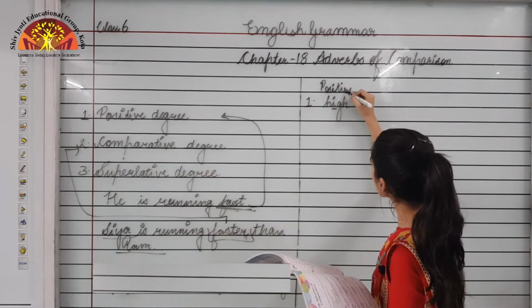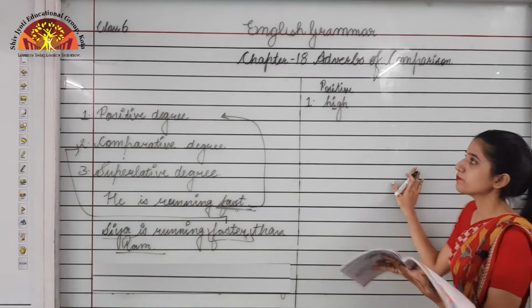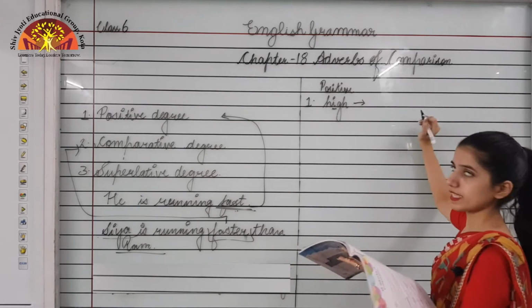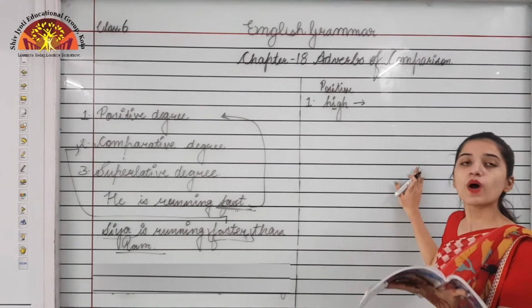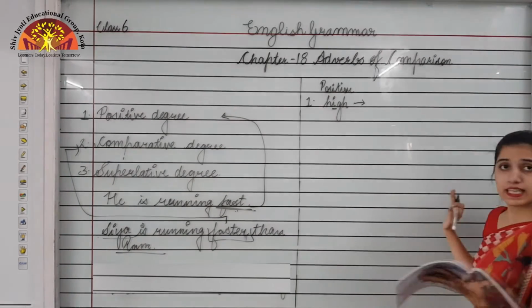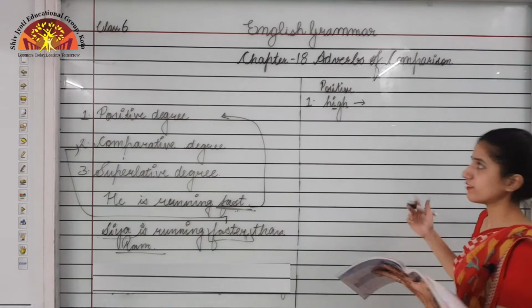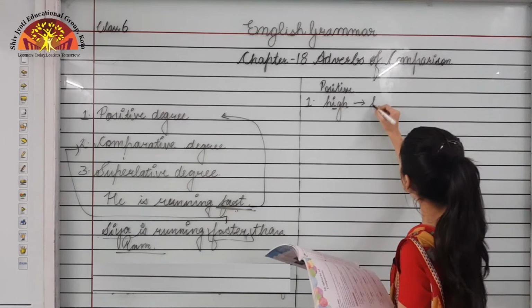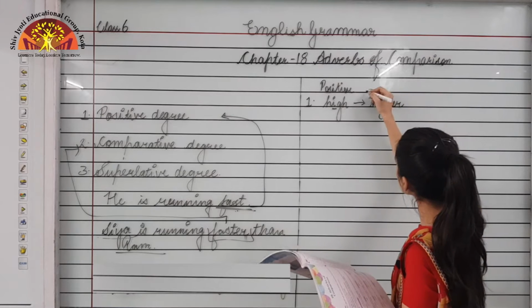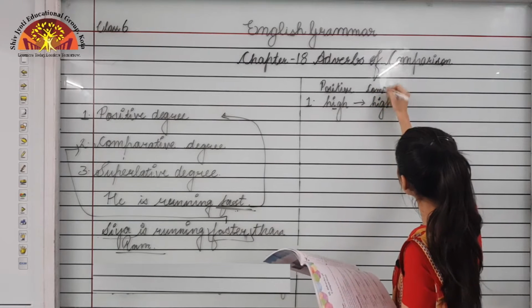So to form the comparative and superlative, we need to add er to form the comparative and est to form the superlative degree. Here this is the comparative degree, higher.